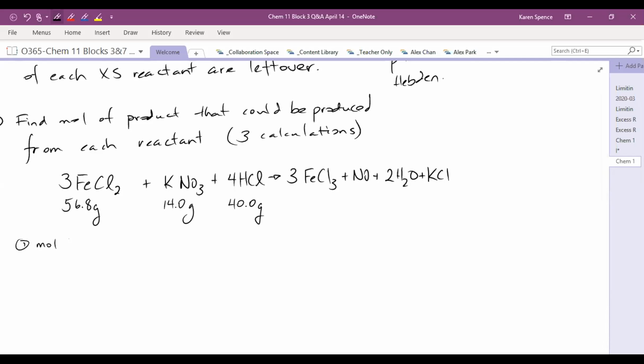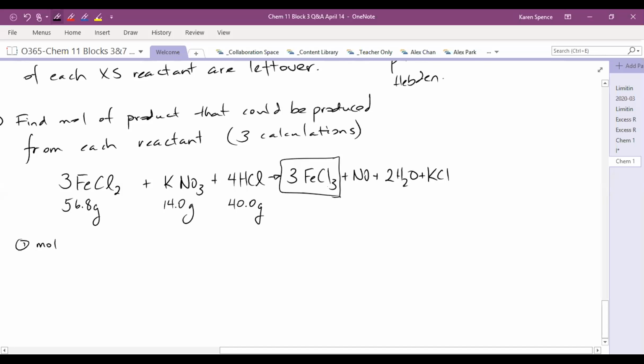If somewhere in the question it said, how much water can be produced, then I would have a tendency to use water. But here it doesn't matter. So I'm just going to pick my first one, no good reason for that. Just because.